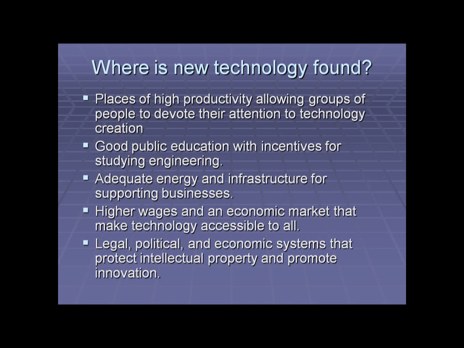Adequate energy and infrastructure for supporting businesses. Higher wages and an economic market that make technology accessible to all. Legal, political, and economic systems that protect intellectual property and promote innovation.